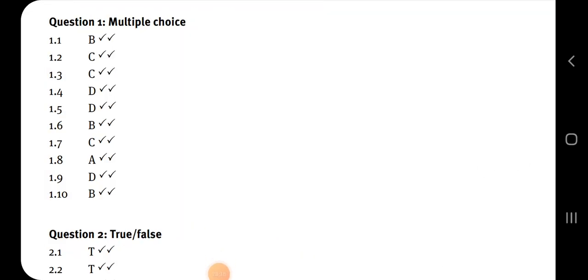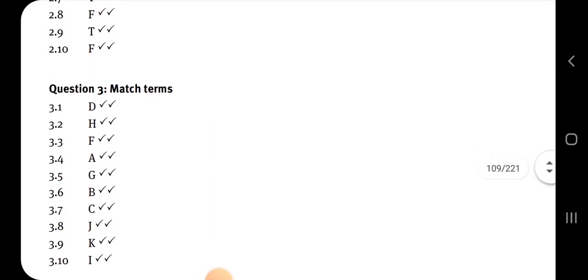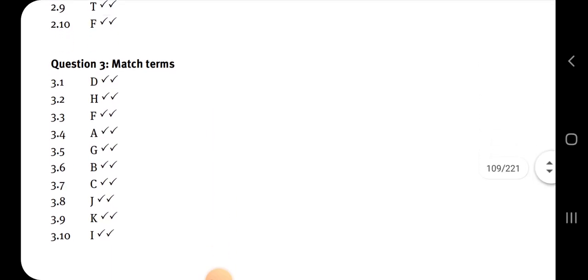We'll only do short questions just to see that you are not sleeping and you can answer them. So these are the answers for multiple choice question 1. These are the answers for the true or false question 2, and these are the answers for the match question.